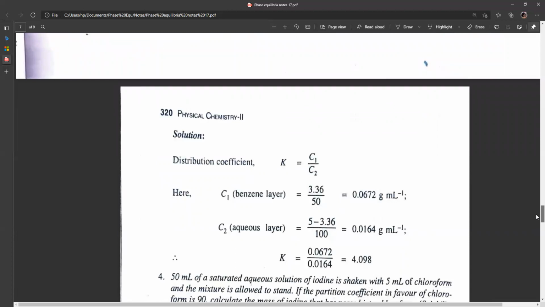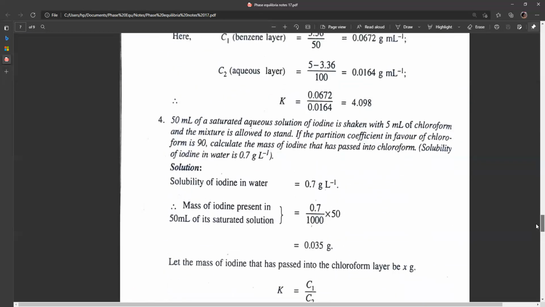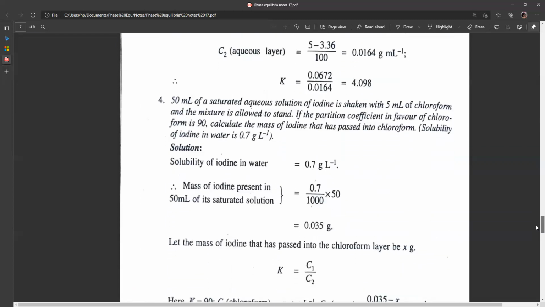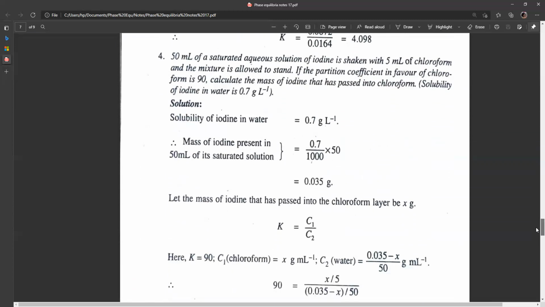So (5 minus 3.36) by 100 is equal to 0.0164. K is equal to 4.098. That's the answer.